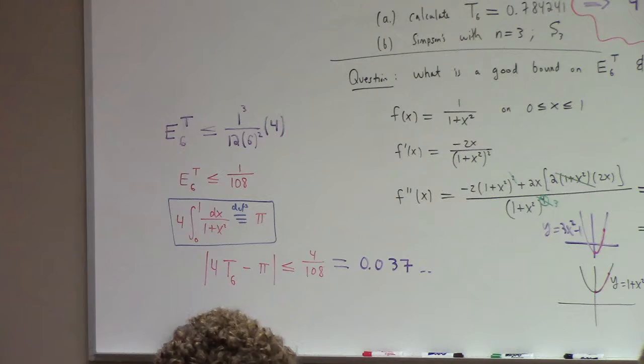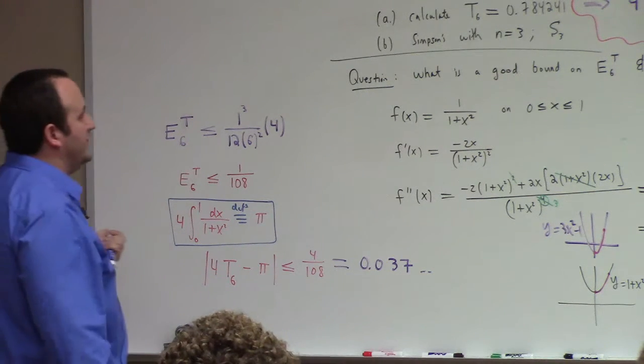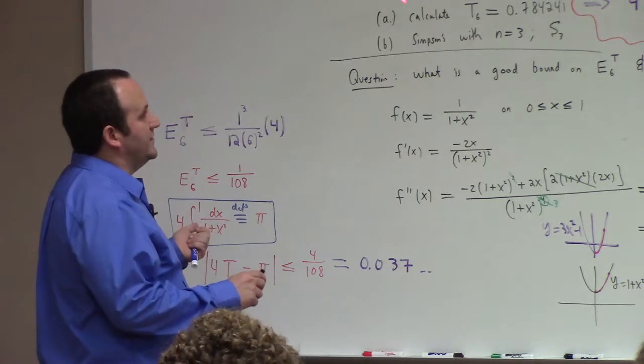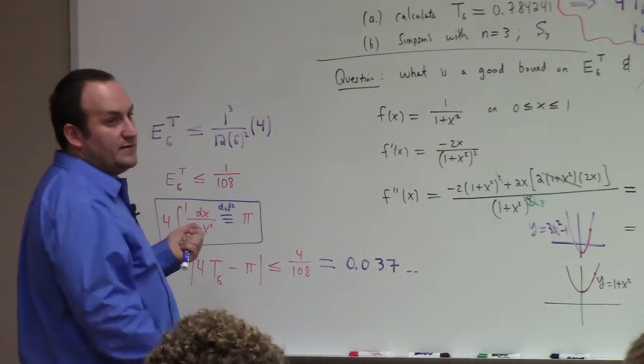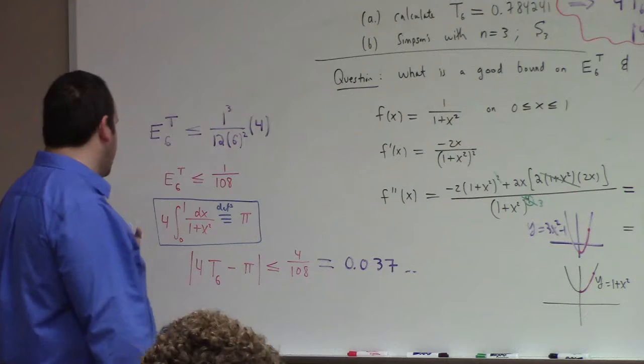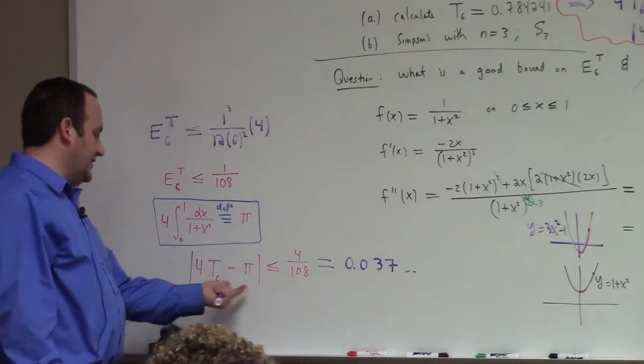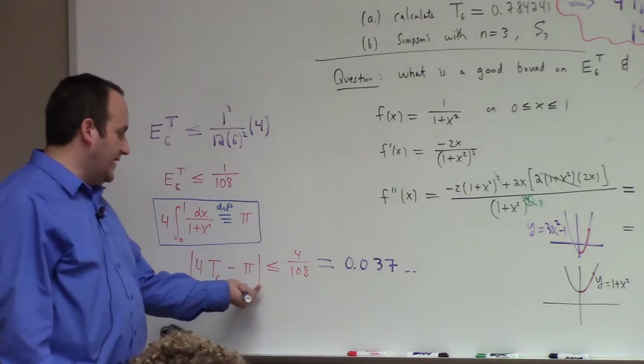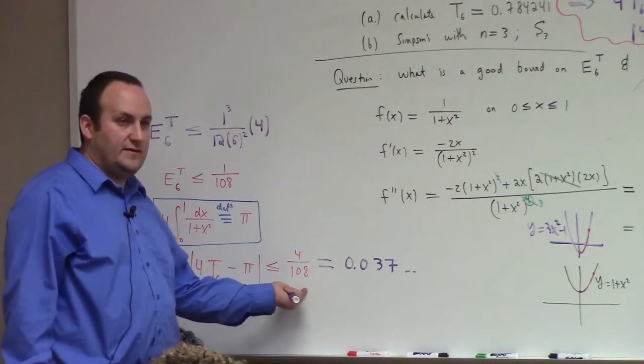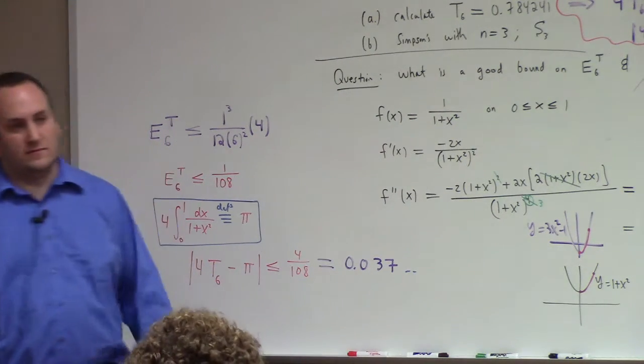I actually am more interested in 4 times the trapezoid rule, honestly, because I don't really want to calculate this integral. I'm really more interested in 4 times the integral in this particular problem, right? So if you think about this, 4 times the trapezoid rule minus pi should be bounded by 4 divided by 108. You just multiply the error.